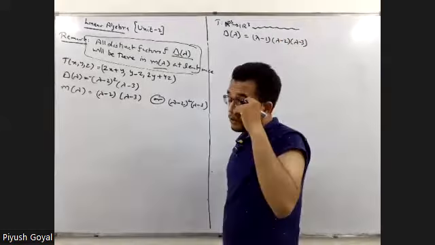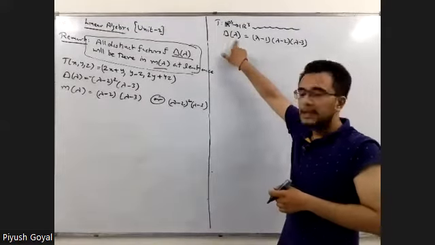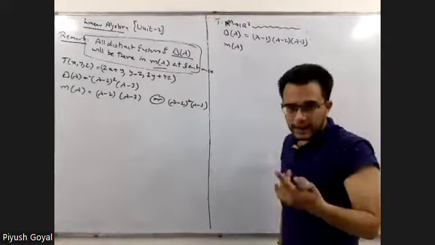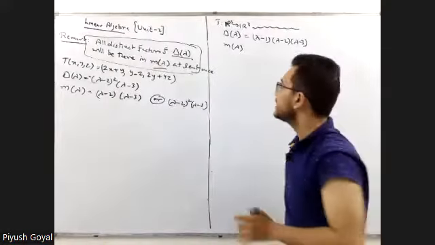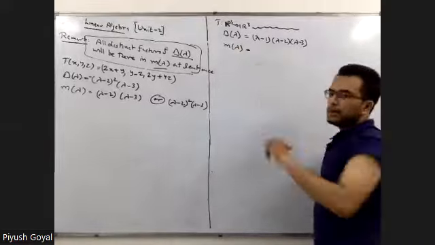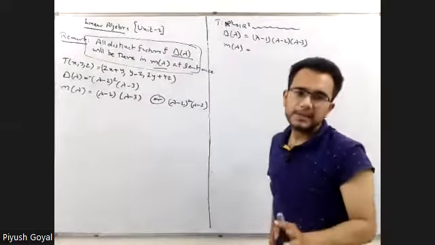Now, from this delta lambda, we want to find the minimal polynomial, and this theorem says, we will do the proof of this theorem also, that the minimal polynomial will have every distinct factor at least once.